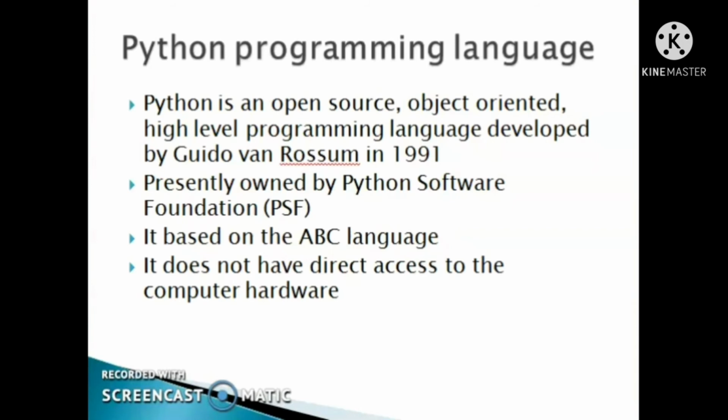Python is based on the ABC language, a teaching language created to replace the programming language BASIC, which was developed earlier. Python is a general-purpose programming language that can be used effectively to build any kind of program that does not require direct access to the computer hardware.